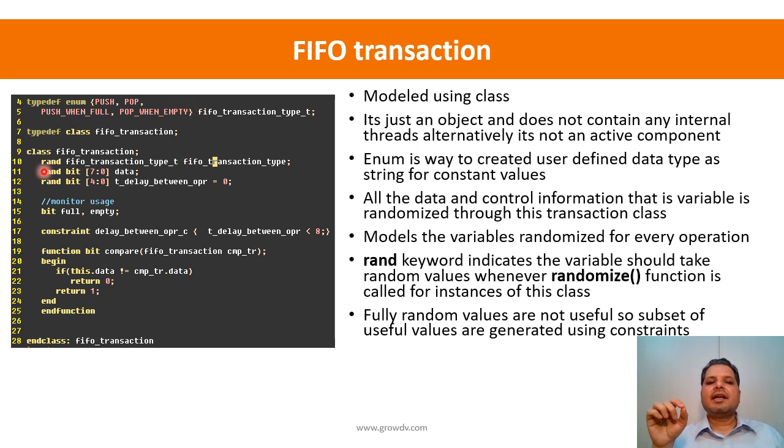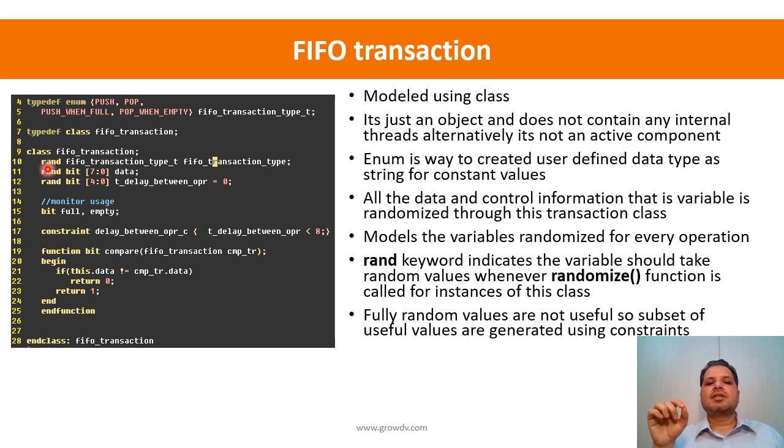So we are declaring a variable called FIFO transaction type, which is of the type FIFO transaction type_t, and this type_t is of the type enum. The key point to note over here is that all of these variables we are prefixing with the keyword rand.